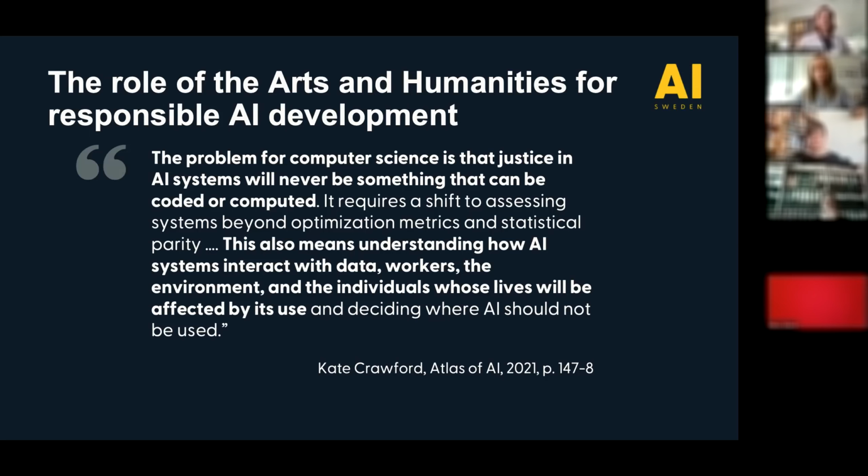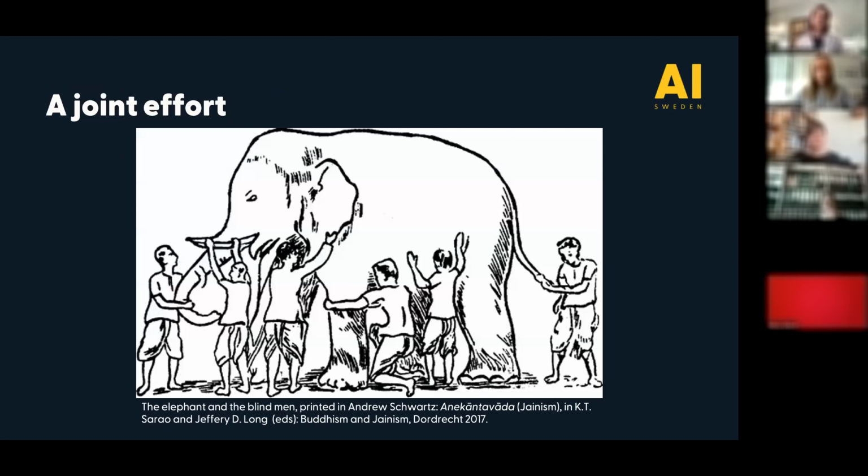And I think this is really where the humanities and social sciences come in, if we think about AI development as a joint effort, where we need so many different perspectives who try to make sense of this elephant in the room together.